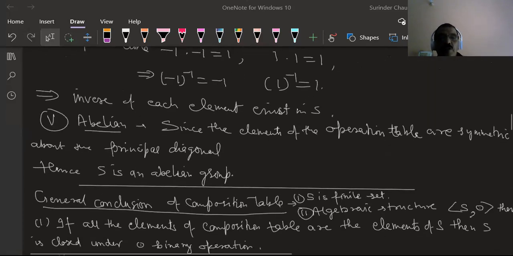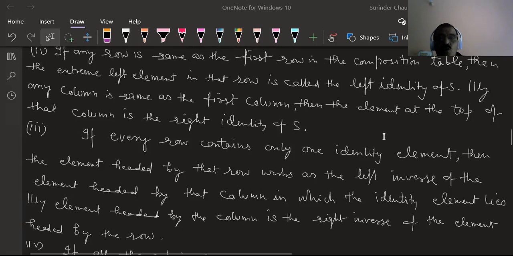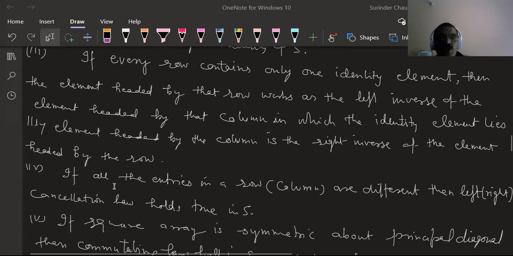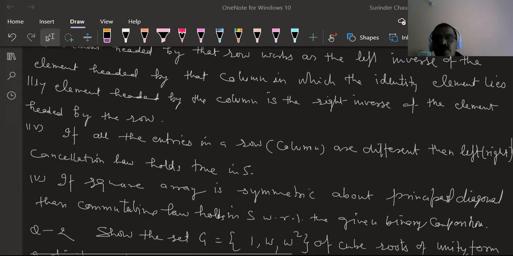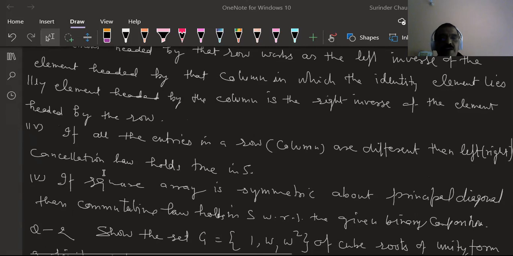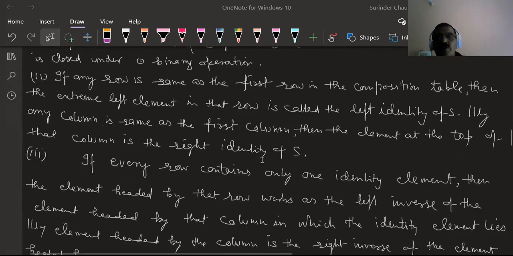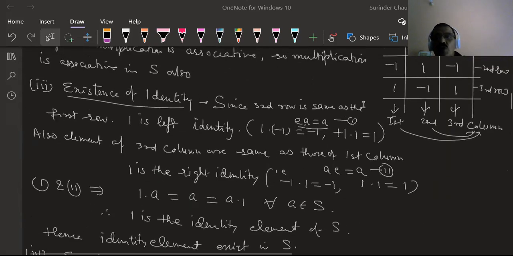Fourth, if all the entries of a row or column are different, then the left and right cancellation laws hold true in S. Because the entries of a row or column being different means none of the elements is repeated.